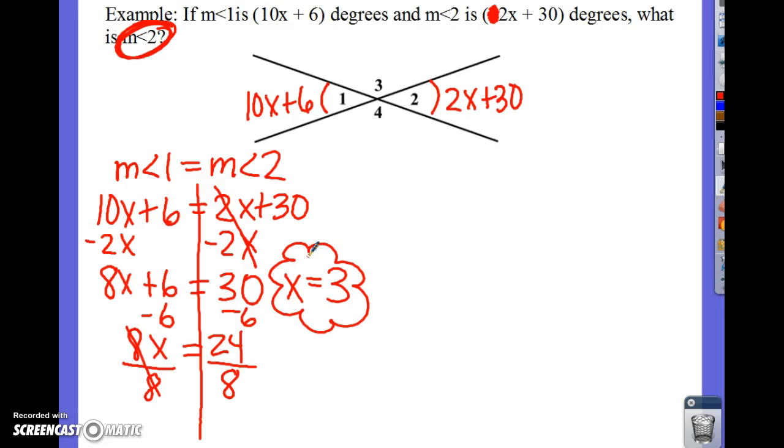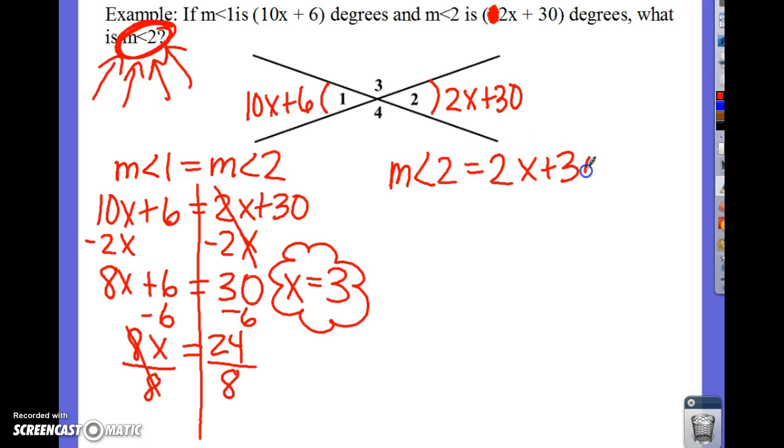Now, before you get too excited and think that you have answered the question, let's remember that it is asking for the measure of angle 2. Guys, the measure of angle 2 is not just x. The measure of angle 2 is 2x plus 30. Now, we have x, so we can figure out what it is by just plugging our x, which is 3, into where x is in our expression.